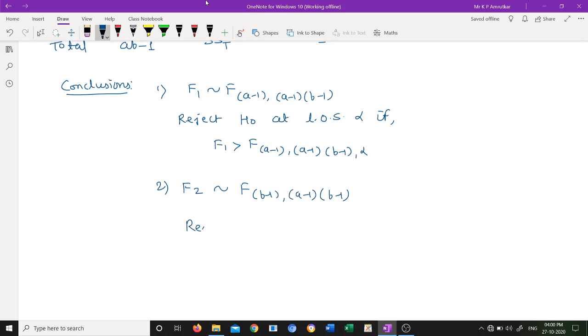So reject the second hypothesis, which we denote by H0 dash, at level of significance alpha if F2 is greater than F with B minus 1 comma A minus 1 into B minus 1 comma alpha. This is the table value. If your calculated value is greater than the table value, then we reject the null hypothesis.